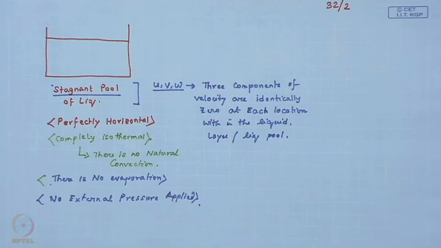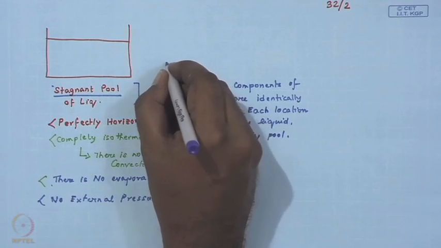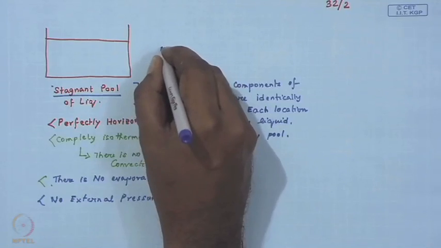Okay. So, u, v and w, let that be the x, y and z components of velocities.